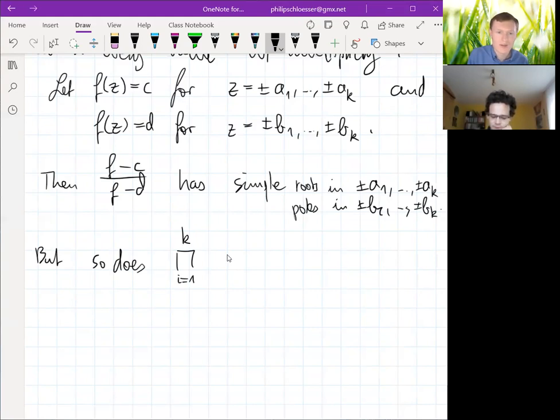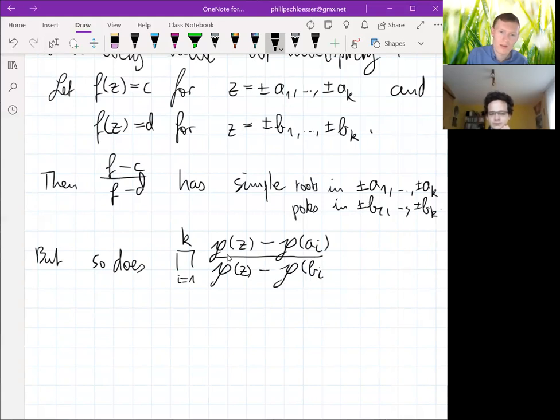And what is that rational function in terms of p? Well, it's that function. Note that here we only take the product of k many terms, even though we want our function to have 2k many roots and poles.